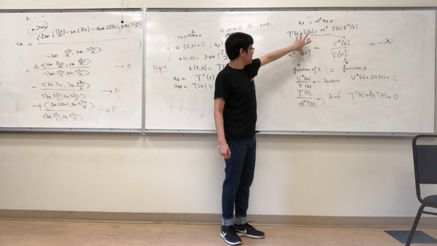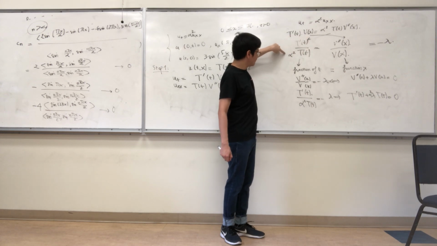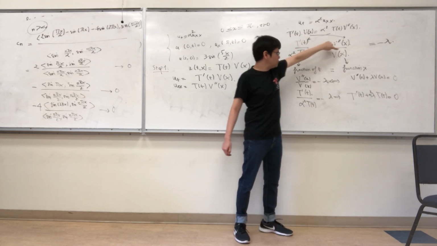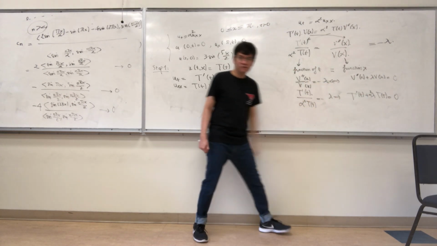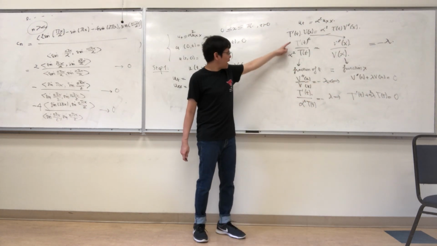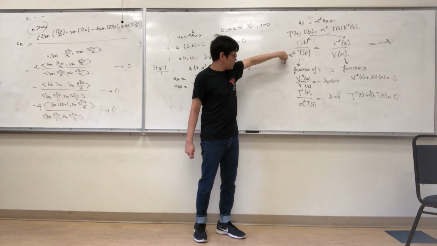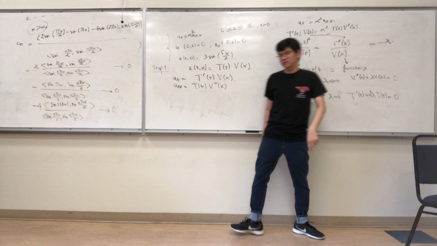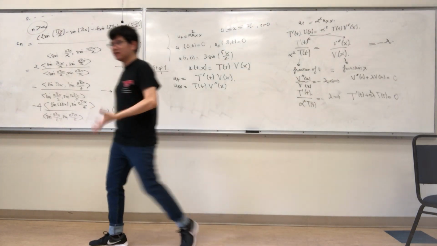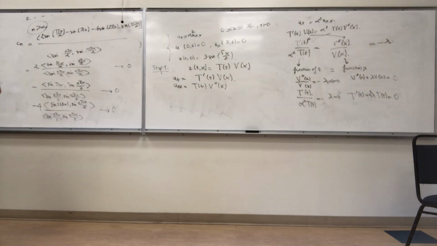So now V''/V is equal to minus lambda, so I get the first equation for V. I take T' over alpha squared T is minus lambda, so I get the second equation for T. The first equation is the second order equation in V, which is an eigenvalue problem, and the second one is first order.